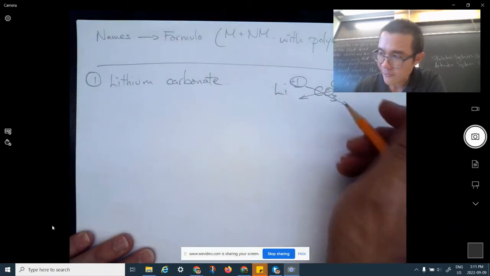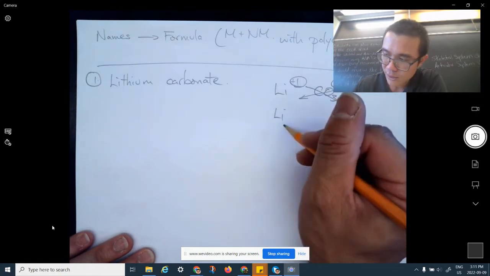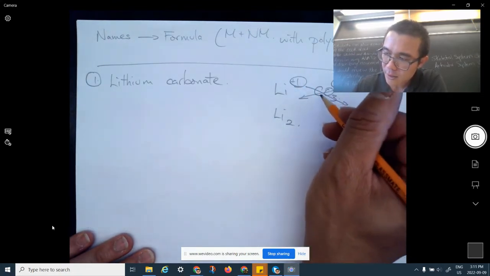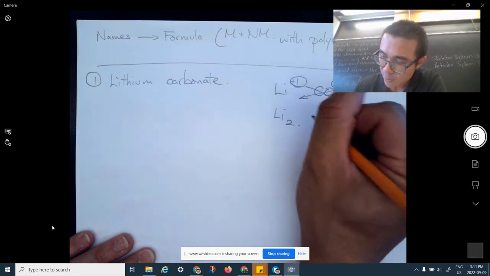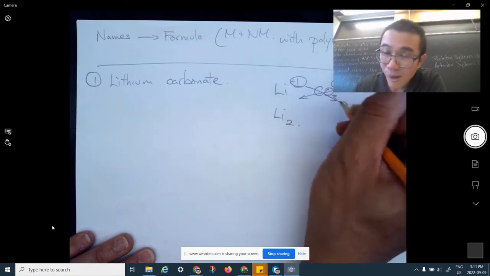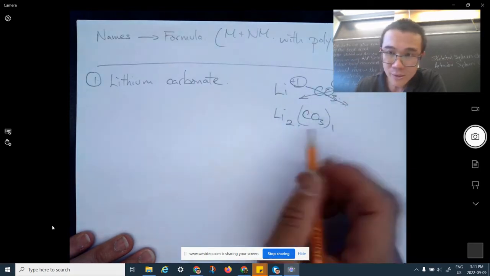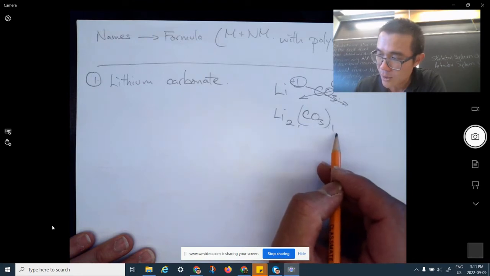Now, this is the thing. The 2 minus goes to the lithium, so it's Li2. The +1 goes to the CO3, so in some ways it is only one of the CO3. It's almost like you have a bracket because it's the entire CO3, 1.